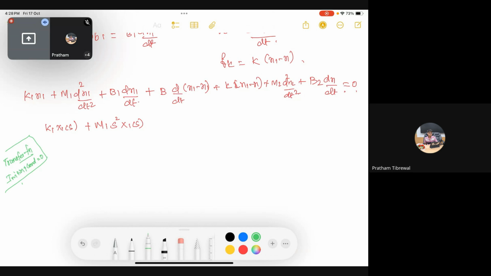So assuming zero initial conditions, I will have K1 X1 of s plus M1 s squared X1 of s, plus B1 s X1 of s, plus B s (X1 of s minus X of s), plus K (X1 minus X), plus M2 s squared X of s plus B2 s X of s equal to 0.